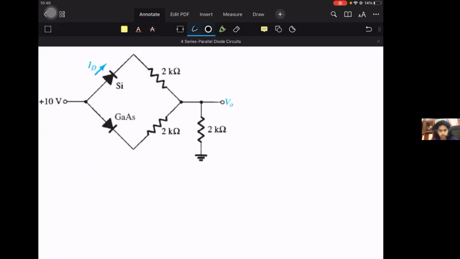Here, as I said in the previous example, the presence of a resistor in series with a diode changes things. So if you are confused about the state of the diodes here, it can be determined through the resistors. We can start with the assumption that both are forward bias.